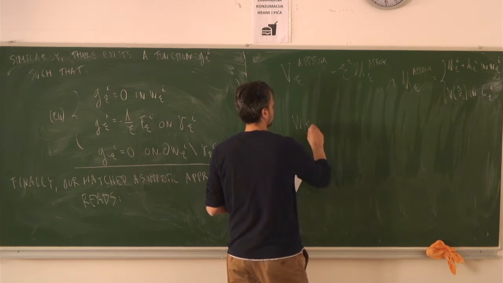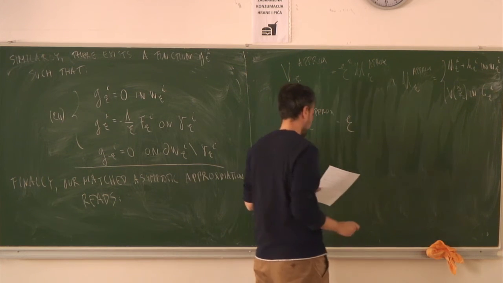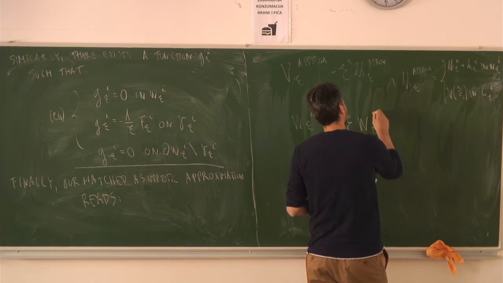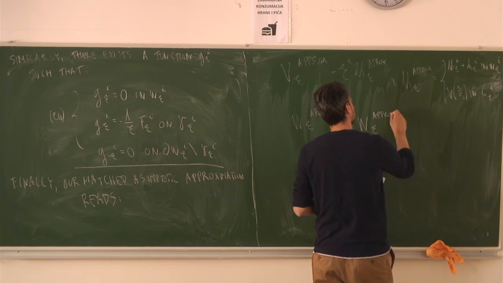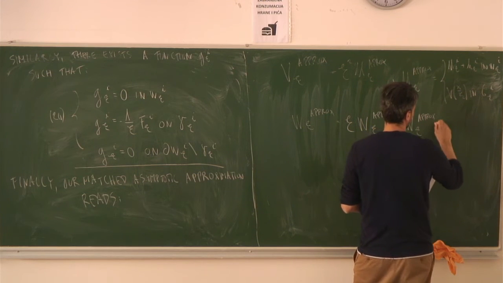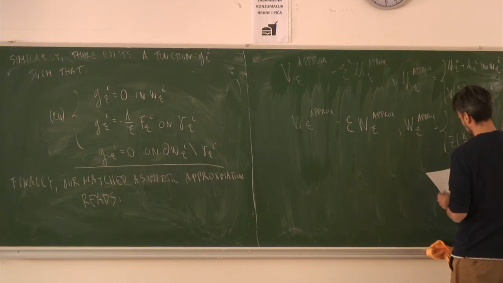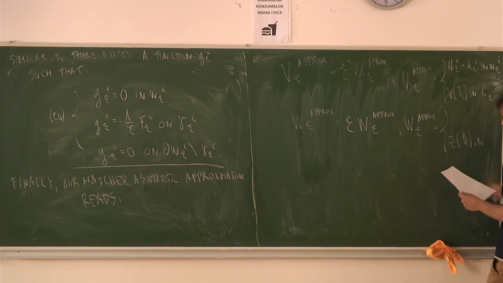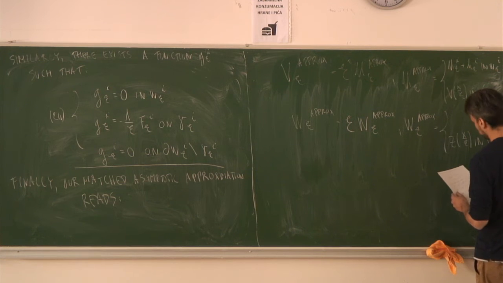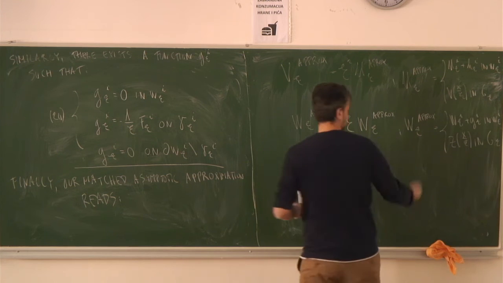And in a similar manner for the micro-rotation, so epsilon V epsilon approximated, so I have Z of x over epsilon. This is not I here, just G epsilon. So in G epsilon, V epsilon I plus G epsilon I in V epsilon I. So this is small v, of course, this is the domain.